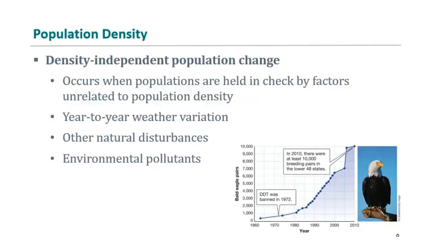So density dependent and density independent factors both play roles in shaping population size, but they do so in different ways. Density dependent factors are such things as competition and disease and predation. These factors become a much stronger force on the population as the population grows and becomes more dense.